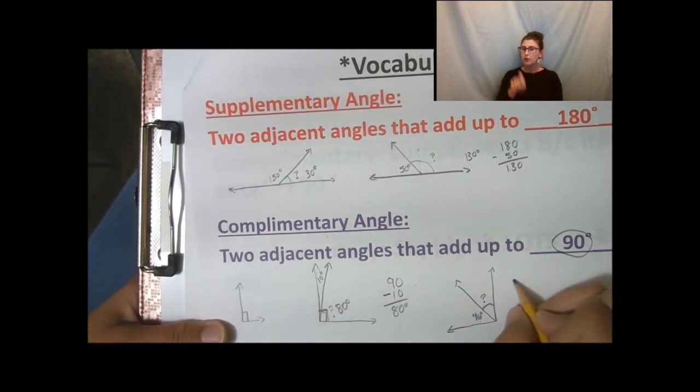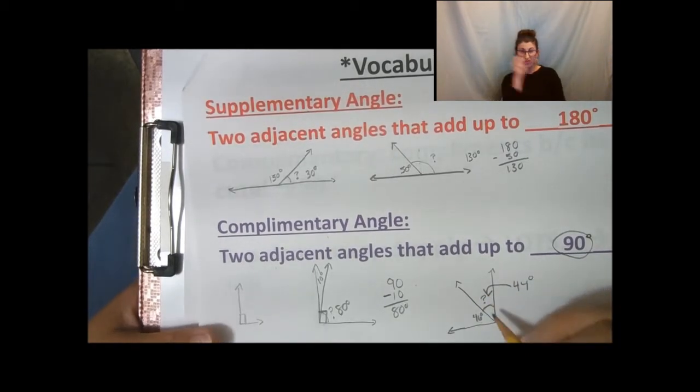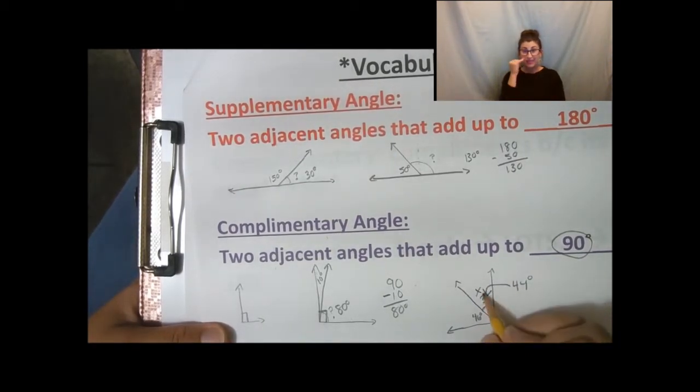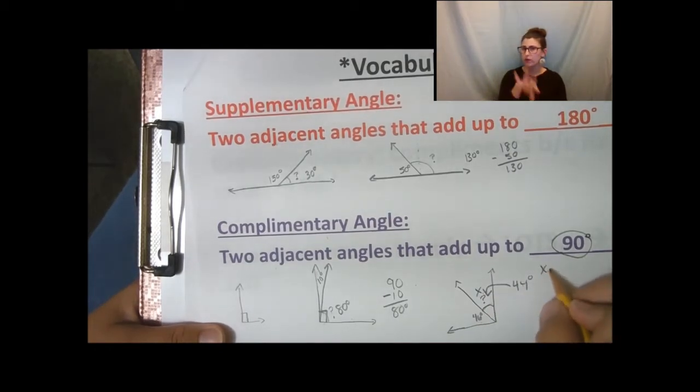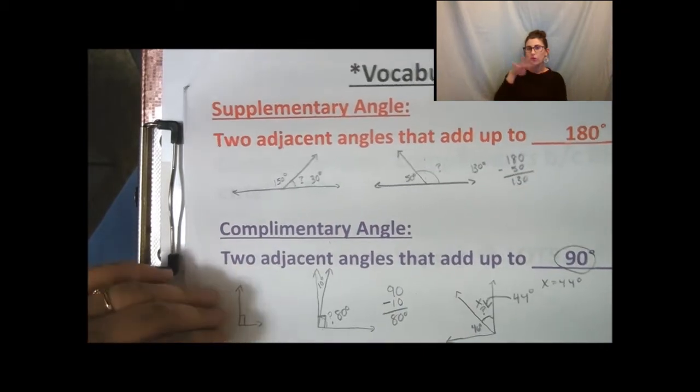That should have been 44 degrees for this measurement right here. If this were x and I said find x, x would equal 44 degrees.